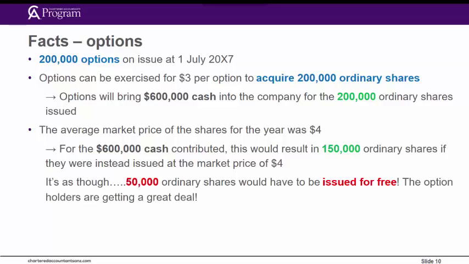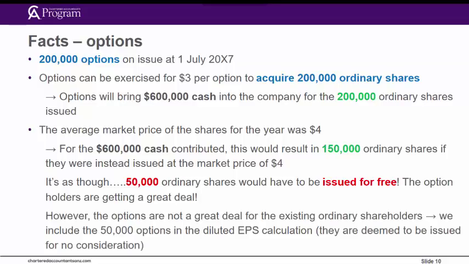So that's a bit of a what-if calculation. It's as though 50,000 ordinary shares would be issued for free. So the option holders are really getting a good deal, because they could buy their 200,000 ordinary shares at $3, rather than if they went onto the market to buy the shares, it would be $4 per share.